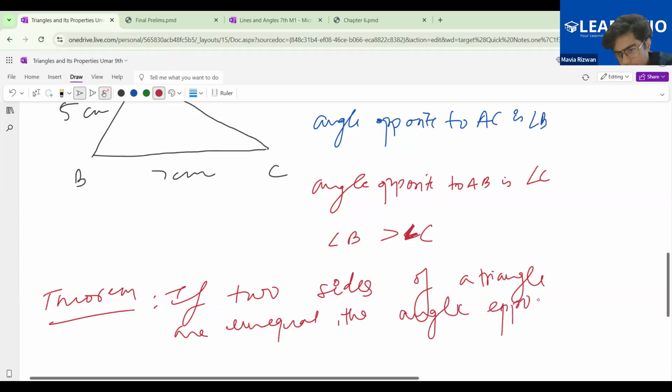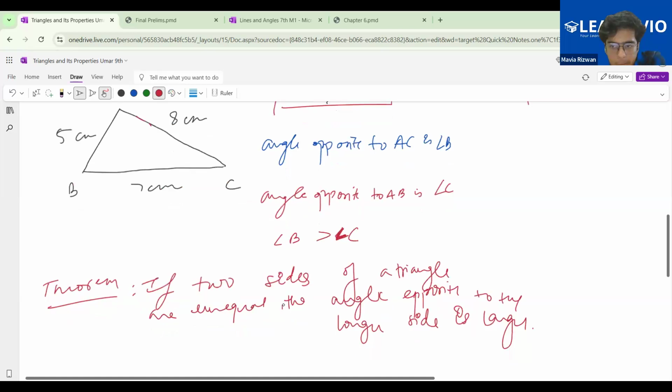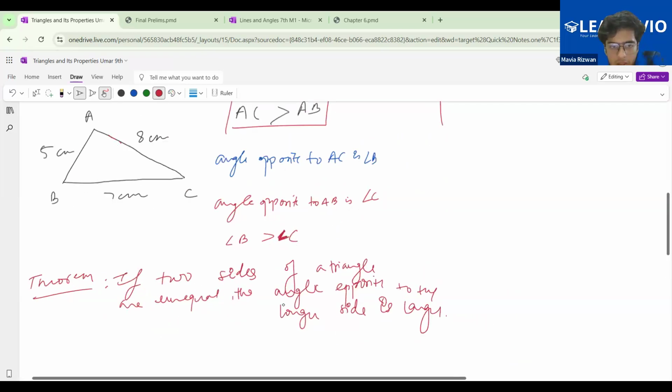Is this clear? Yes, sir. Okay, write this down.